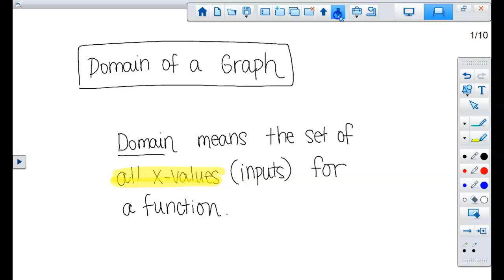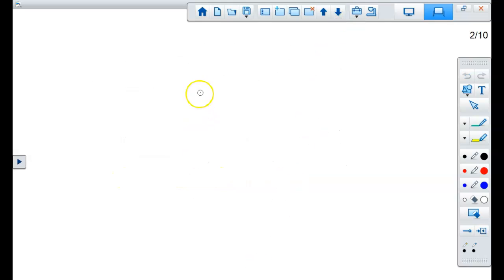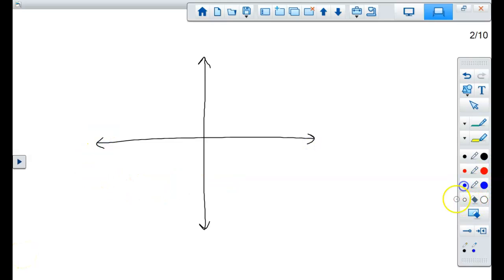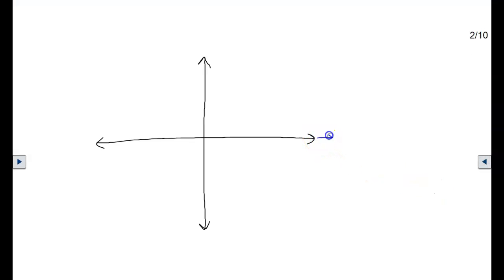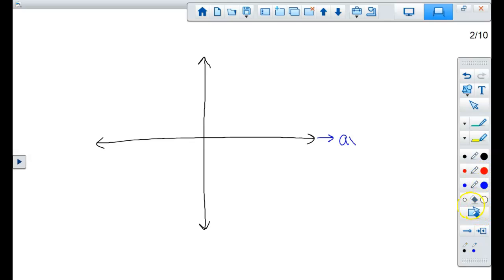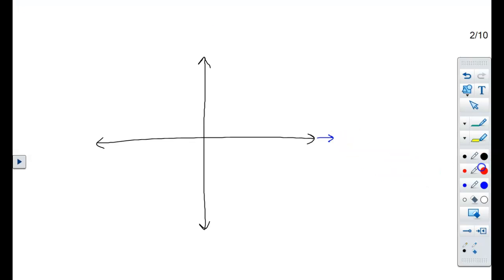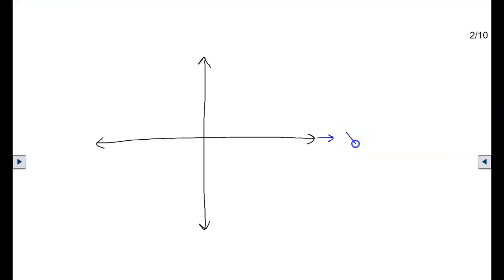Now, just to get our bearings here and make sure we are on the right track. You all know that since you're going to be looking at graphs, the coordinate plane is going to play a role here. And what we need to remember is this axis is the x-axis.